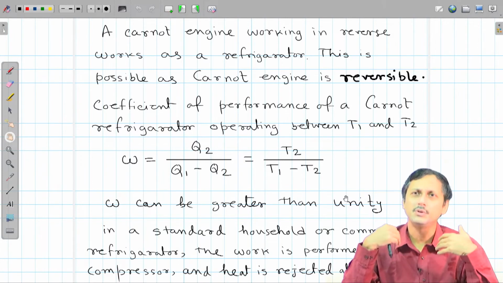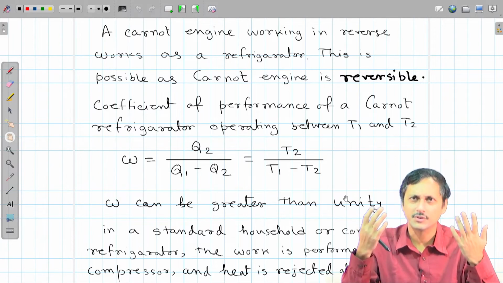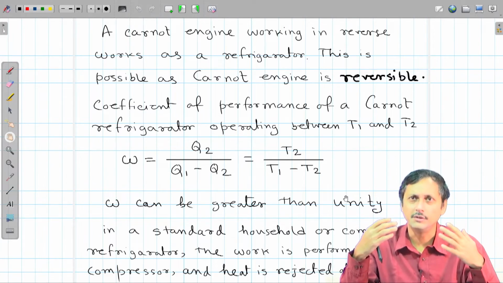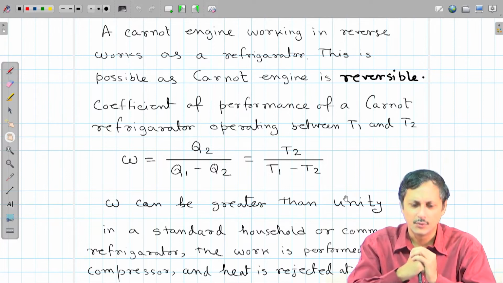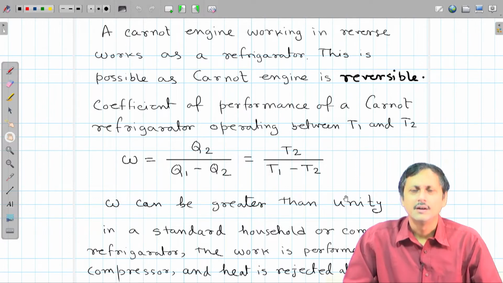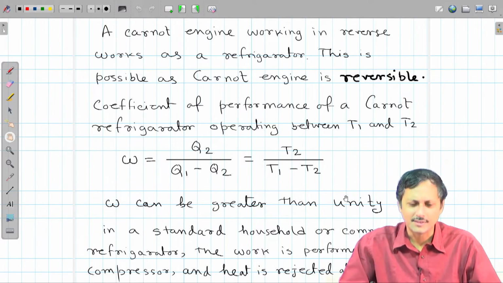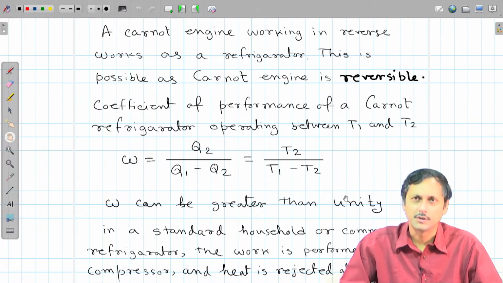So, basically if we invert every step in a Carnot cycle, it works as a Carnot refrigerator, which once again is a refrigerator with the highest coefficient of performance.